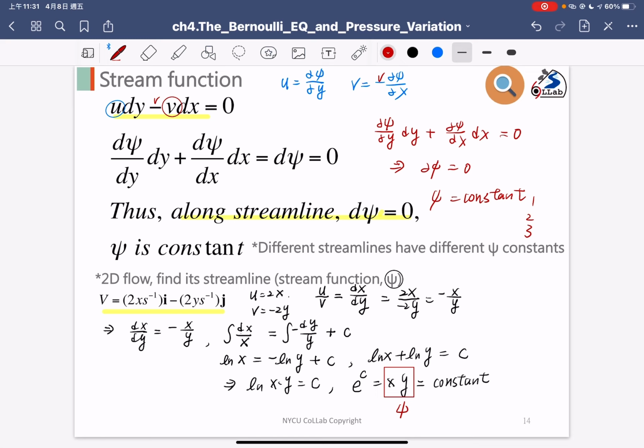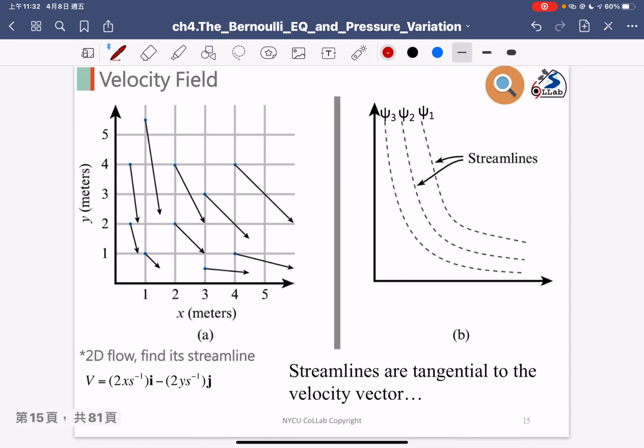So different constant values indicate different streamlines. And all of the streamlines will be parallel to each other. Okay? So keep in mind the stream function in here is x product with y.